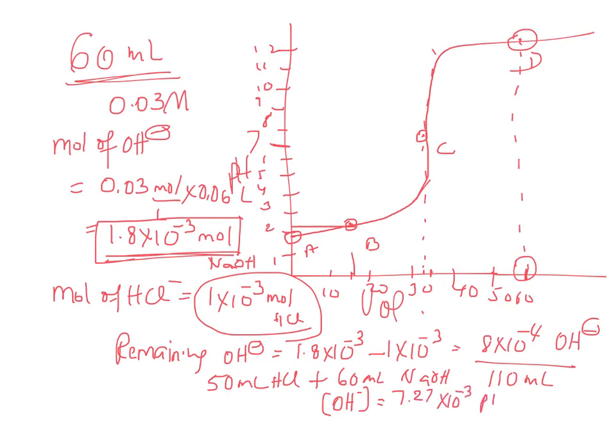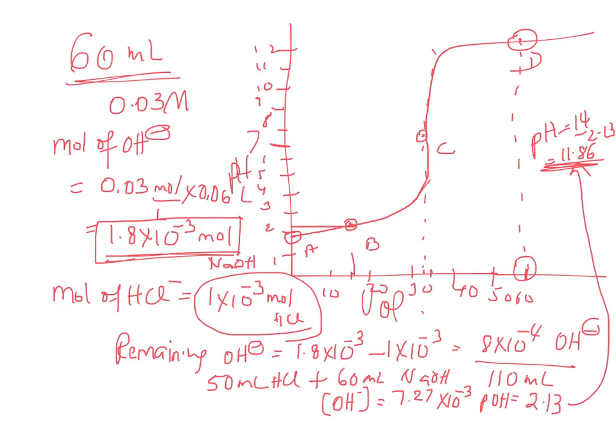And if you take a log of that, you would basically be determining the pOH in this case, which comes out to be 2.13. And if pOH is 2.13, pH should be 14 minus 2.13, which gives you 11.86. And that is your overall pH.